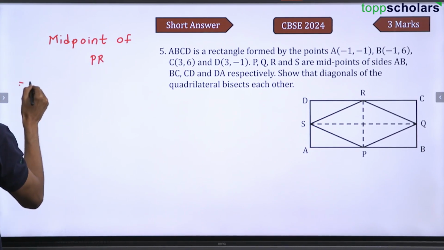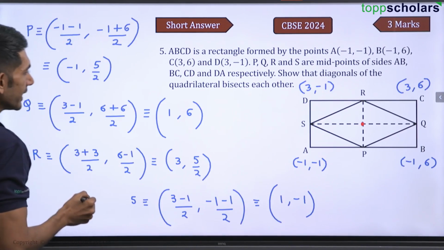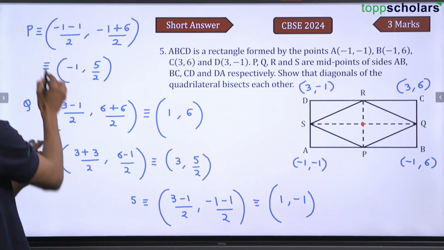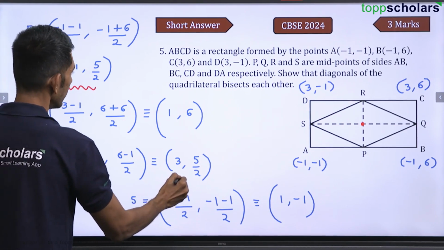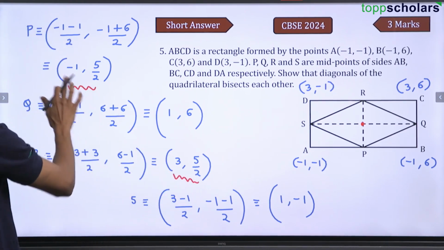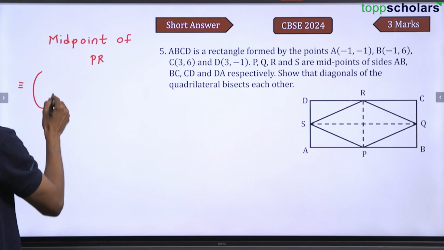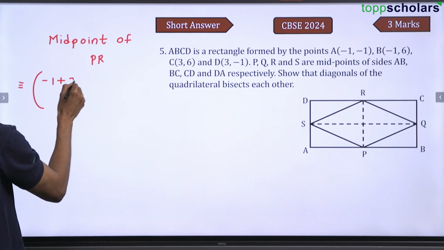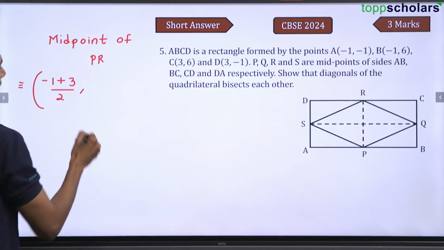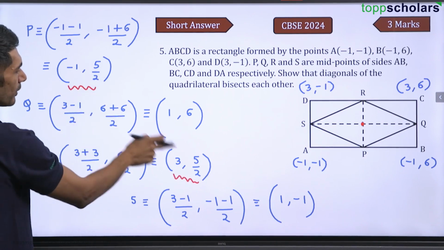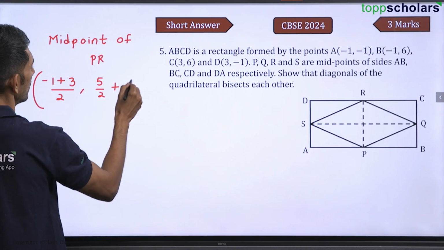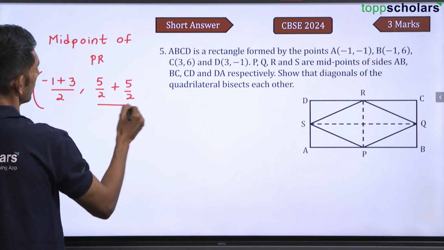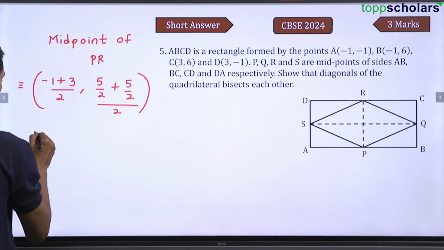For that we need P and R. So that is (-1 plus 3) by 2, comma, (5 by 2 plus 5 by 2), the whole by 2, correct?